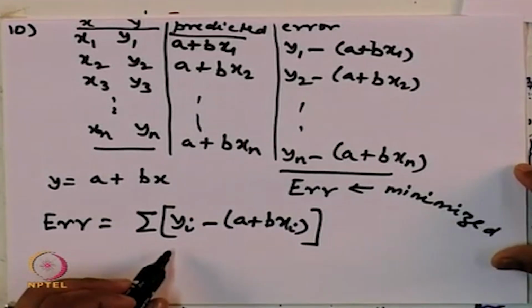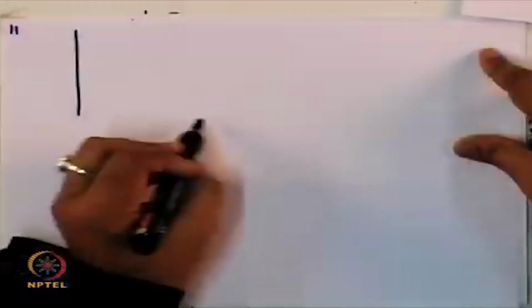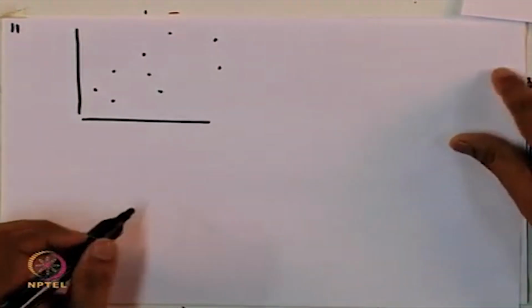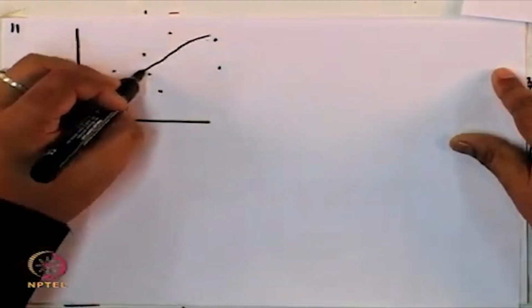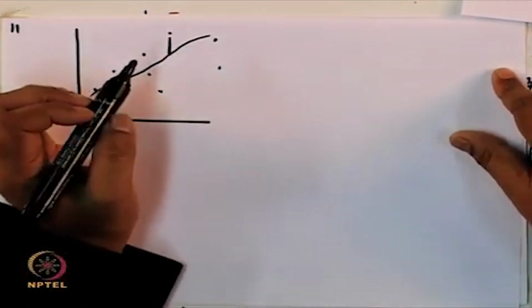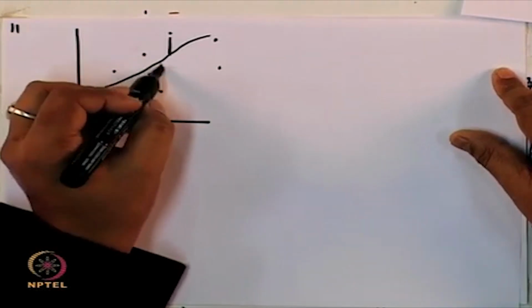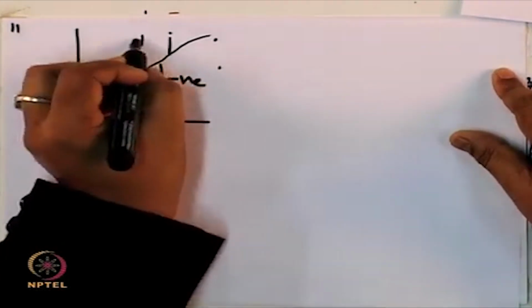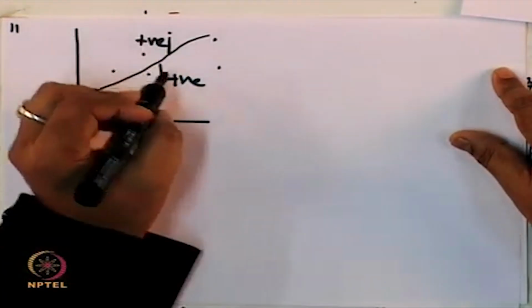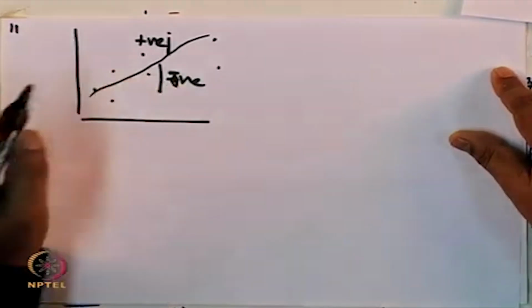And the answer to that is no, because given your points, if you were to draw this particular line, you can clearly see that in some cases this error will be positive, in some other cases it will be negative.